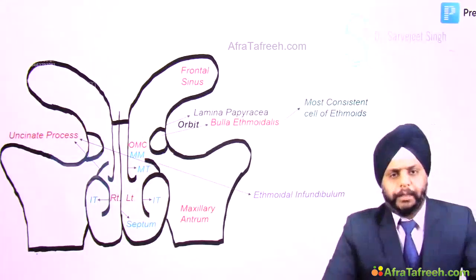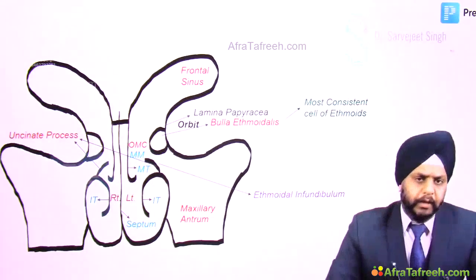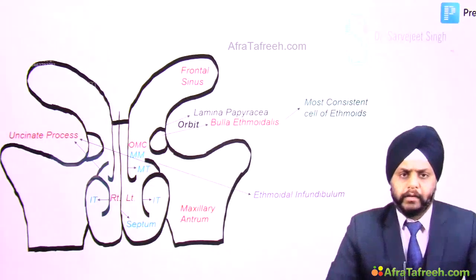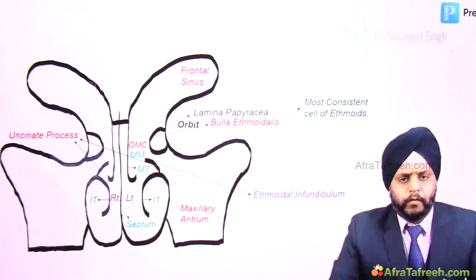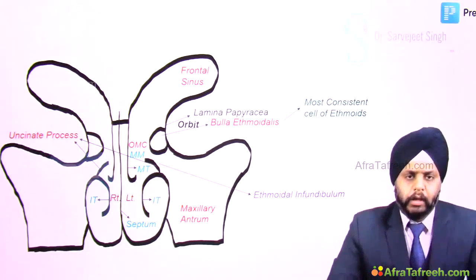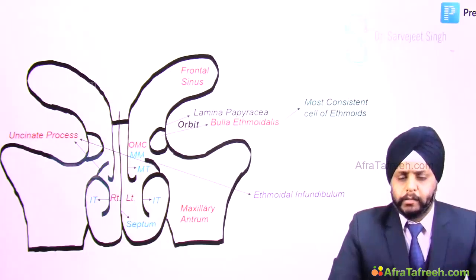Now we have seen the maxillary sinus, the frontal sinus, and the bulla ethmoidalis, that's a part of the anterior ethmoids. Now let's study some more cells in the ethmoidal system.